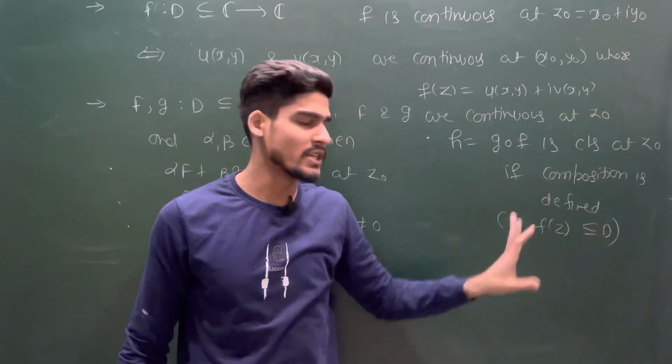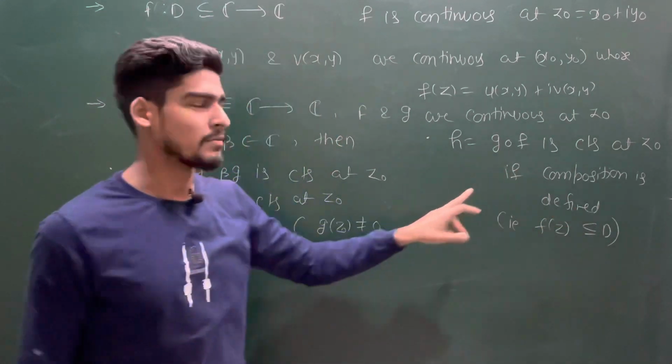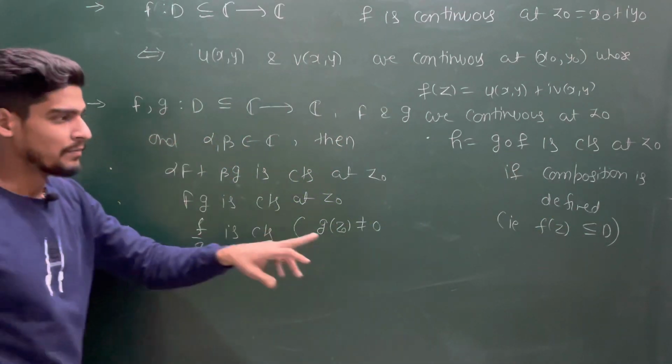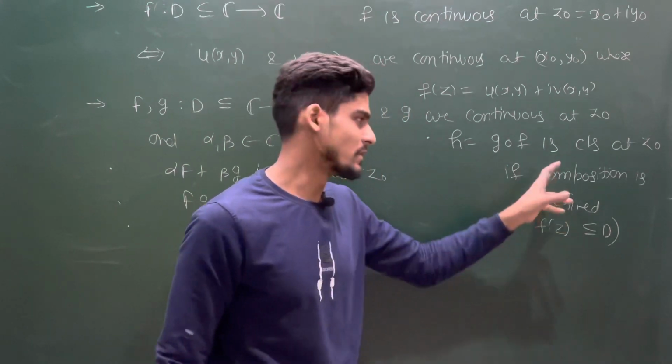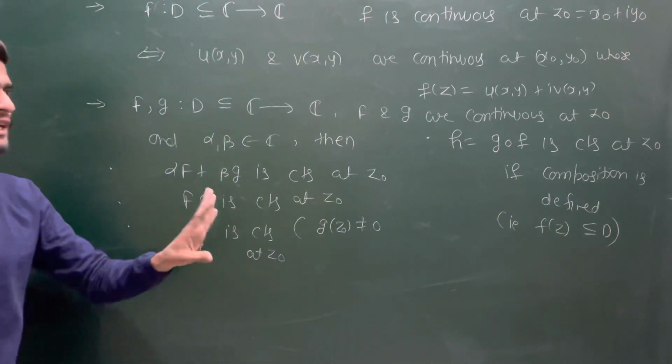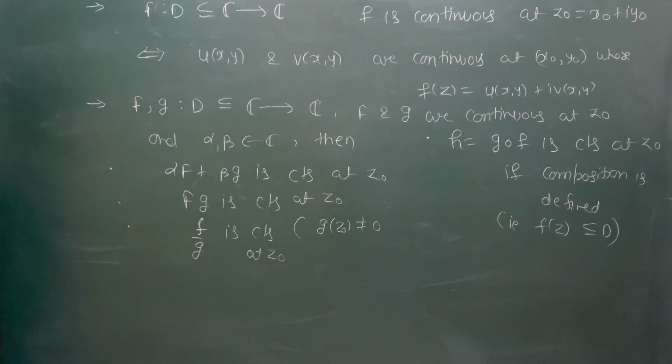If the composition is defined, that means f(z) is a member of the domain of g, but I have assumed my domain of g is D. So this f(z) should be contained in D. That means the composition is well defined. Similarly, you can think for f of g also. So composition of two continuous functions is again continuous.